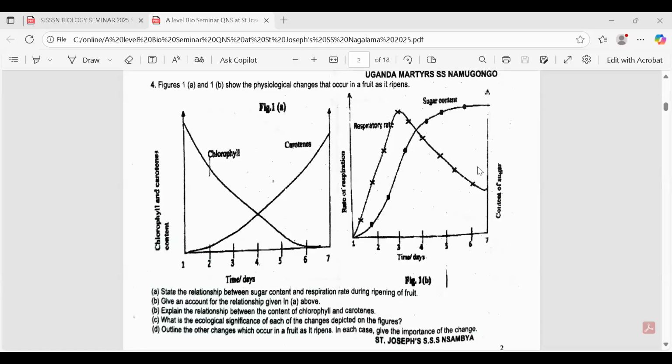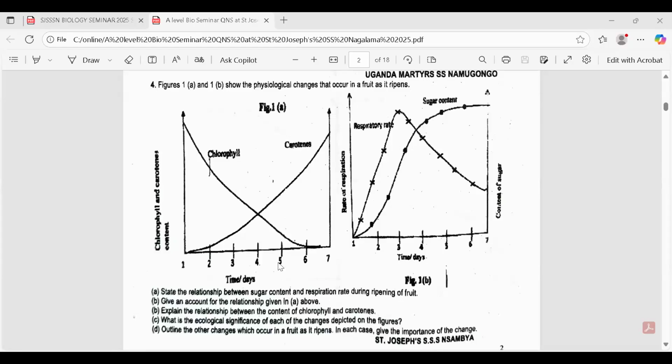I only hope that question is visible. Okay, there is a question here. We have figure 1A and figure 1B, which show the physiological changes that occur in a fruit as it ripens.